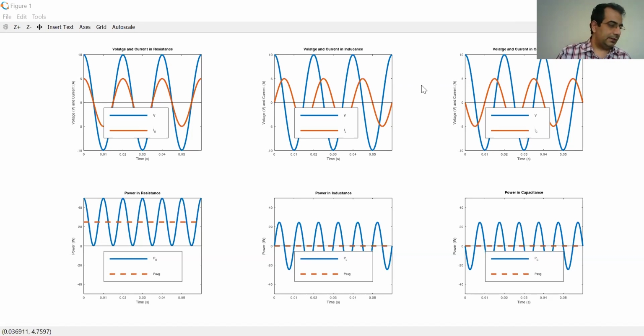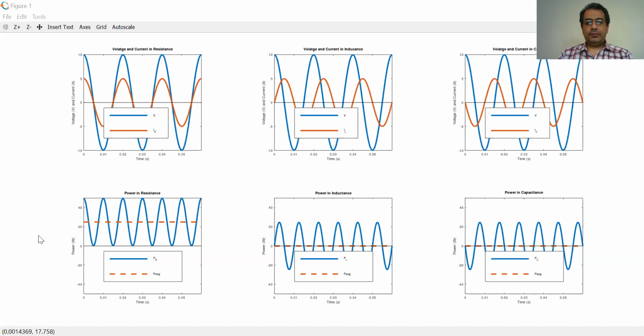Either the current is leading or lagging the voltage. The current is either 90 degrees ahead or 90 degrees behind the voltage.